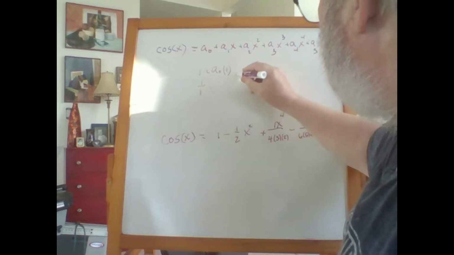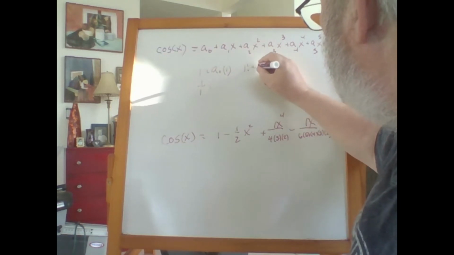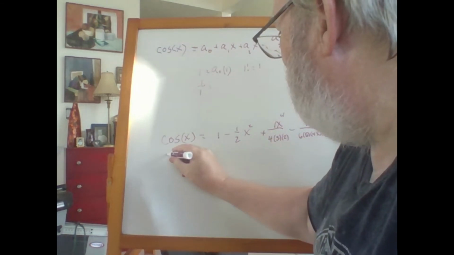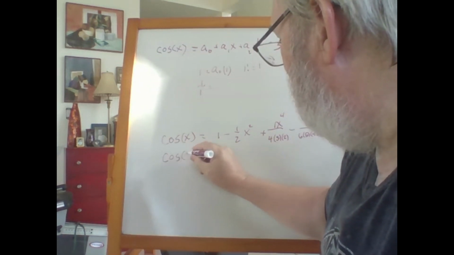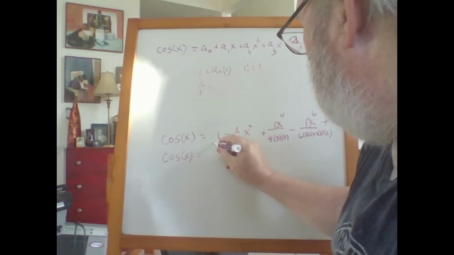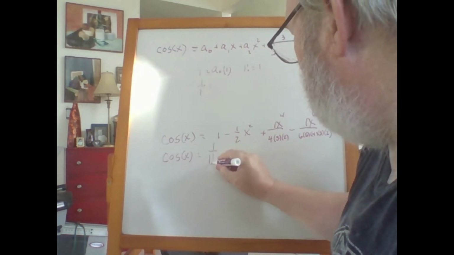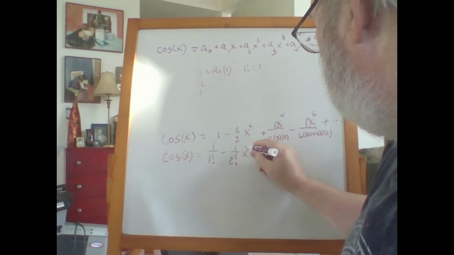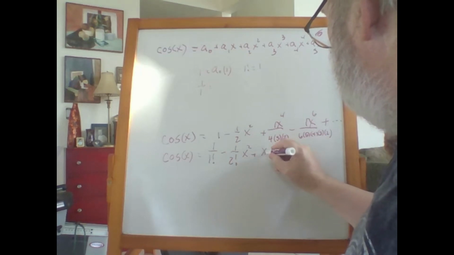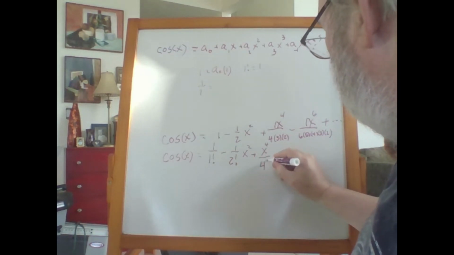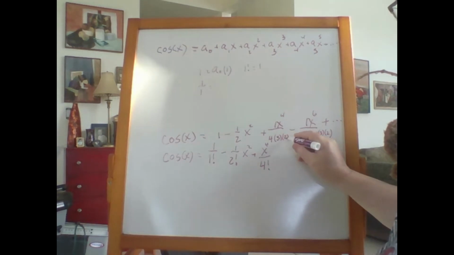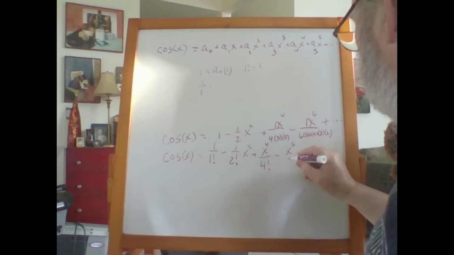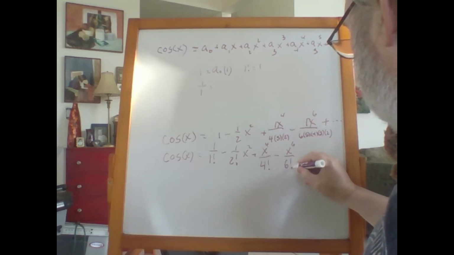And you could say that this is 1 factorial, which is 1. What I'm doing is this. We're going to notice that all these terms over 1 factorial minus 1 over 2 factorial x squared plus x to the 4th over 4 factorial. 4 times 3 times 2 times 1 is 4 factorial, minus x to the 6, 6 factorial.